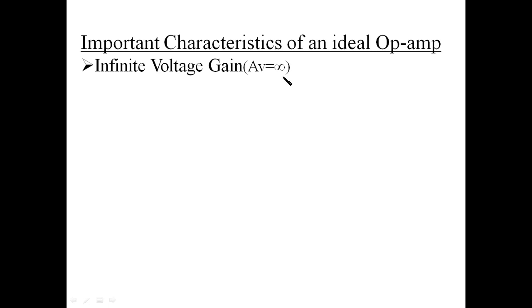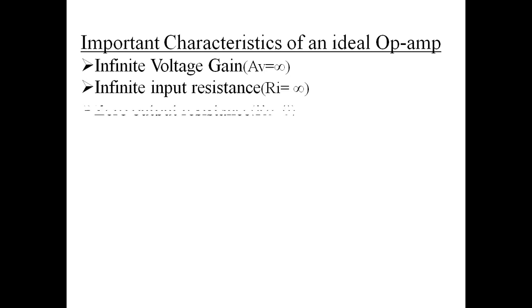The second characteristic is infinite input resistance. Due to this, the current flowing in each input terminal will be 0, that is IB1 minus IB2 is equal to 0. Due to infinite input resistance, almost any source can drive it and there is no loading of the source.